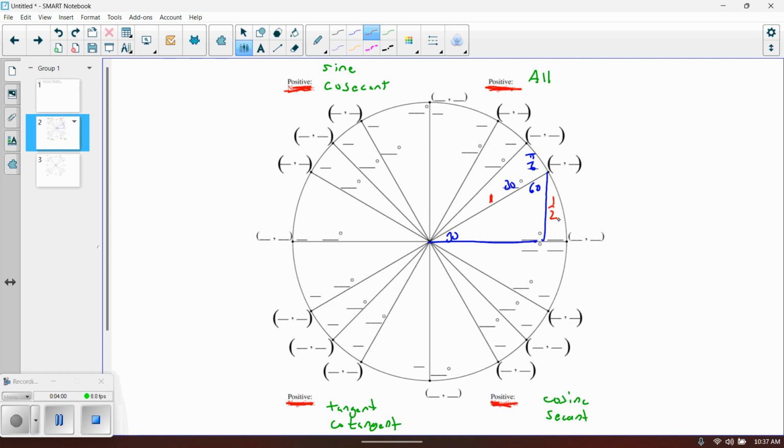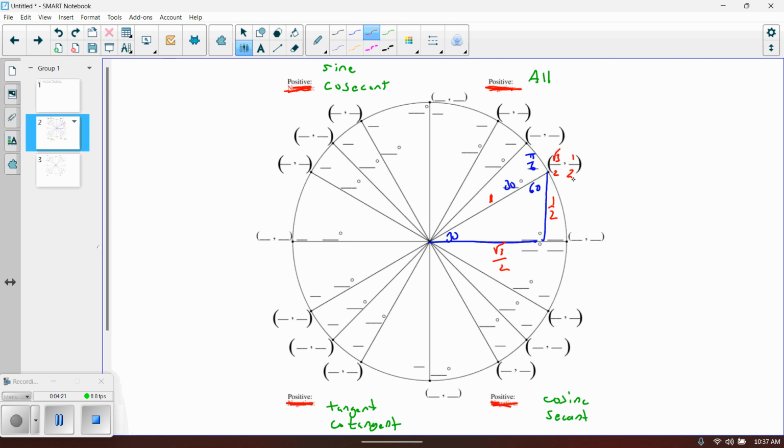And then the long side is that short side, 1/2, times the square root of 3, which gives us the square root of 3 over 2. So the ordered pair here would be the x value, square root of 3 over 2, and the y value, 1/2. Okay, that's how you obtain this.